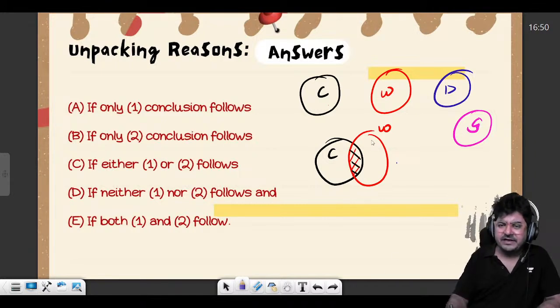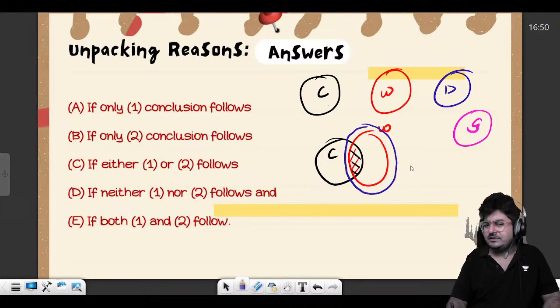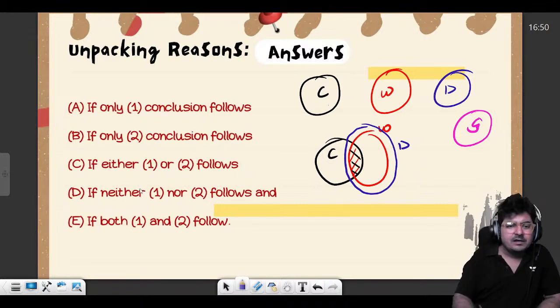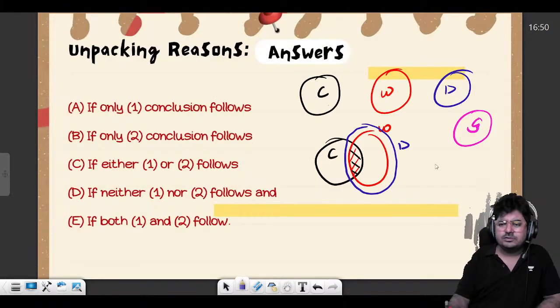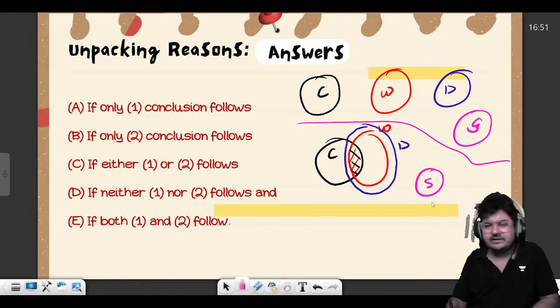You can make it coinciding also, you can draw like this or you can draw like this. That is your choice. Doesn't matter. Now next they said no dog is snow. So the snow circle is separate. So that's how you can do the things.